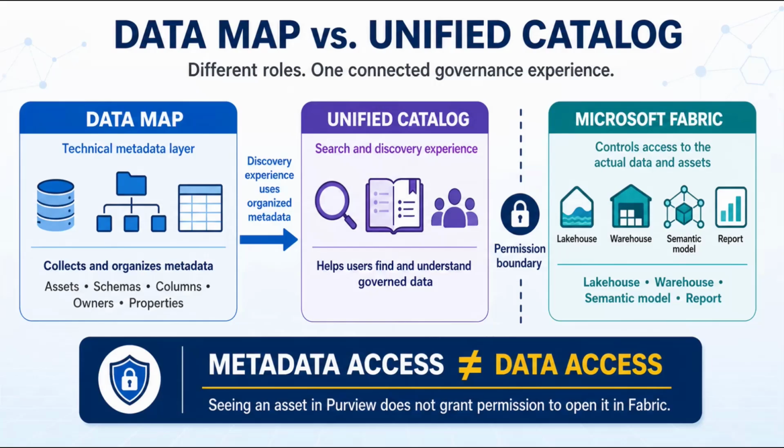And that's the best way I can think of to break down the difference between the two. You just have to work with both and start understanding, once you see it in action, how they actually work together and how they are configured separately, but come together for a seamless user experience.